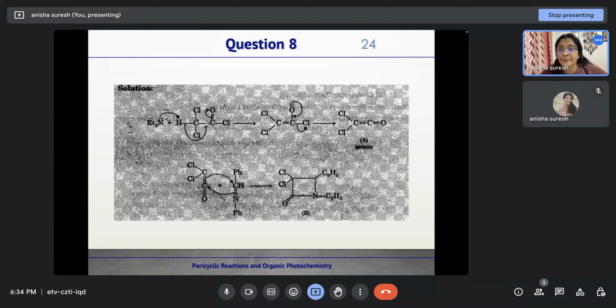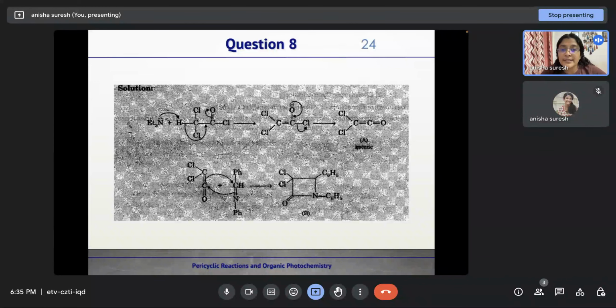So first, triethylamine will be abstracting the proton that will be alpha to that of the acid chloride. This proton will be abstracted. This bond will break, this will shift to here and this will generate an enolate, and once this enolate is falling back, this Cl will be removed and it will result in the formation of this ketene.